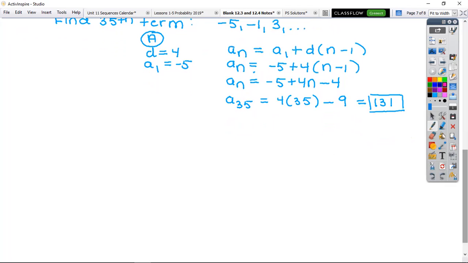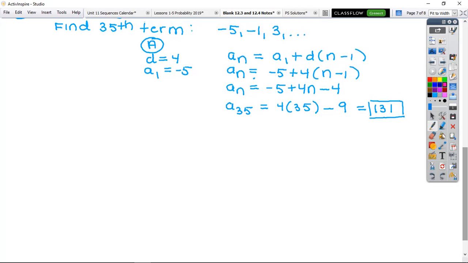Yes, yes. As long as it didn't tell you to write a general formula in terms of n first, then absolutely. Yep. So what you can always do, yeah, the difference is always equal to a sub 2 minus a sub 1. You know how the ratio is always equal to a sub 2 divided by a sub 1?